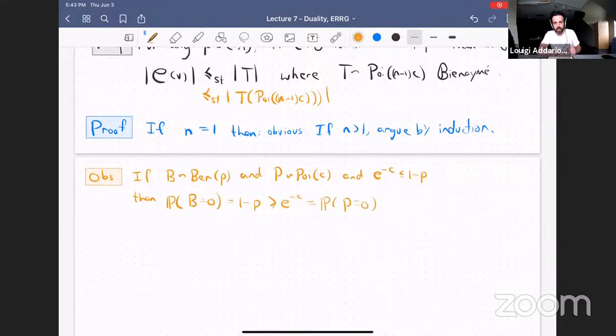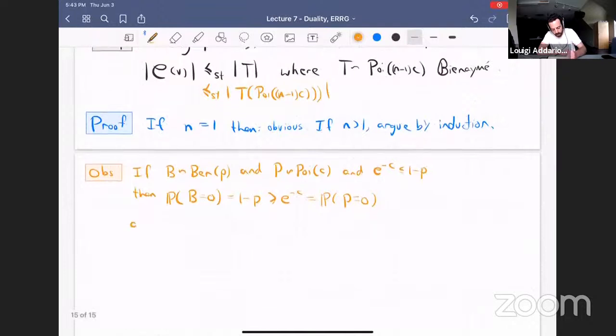So with these parameters p and c, the Bernoulli random variable is more likely to be 0. But the Bernoulli is always at most 1, and if the Poisson random variable isn't 0, then it's at least 1. So if P is at least 1, then P is at least B, and that implies that B is stochastically smaller than P.